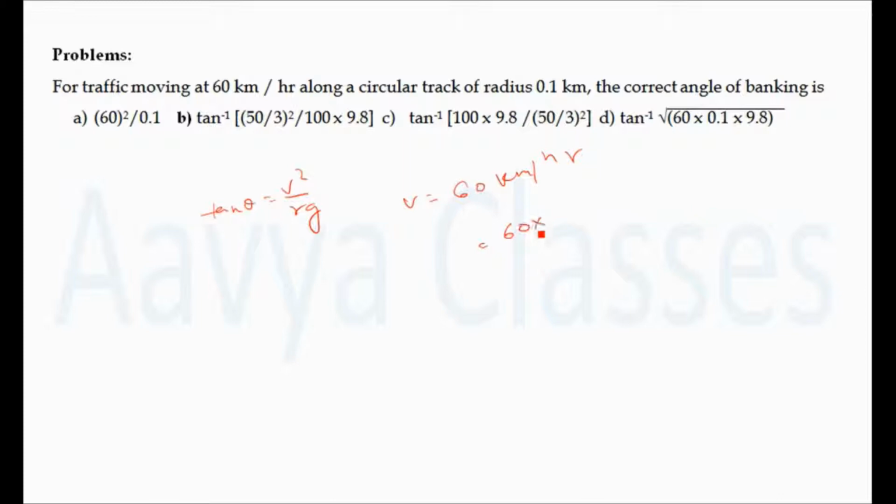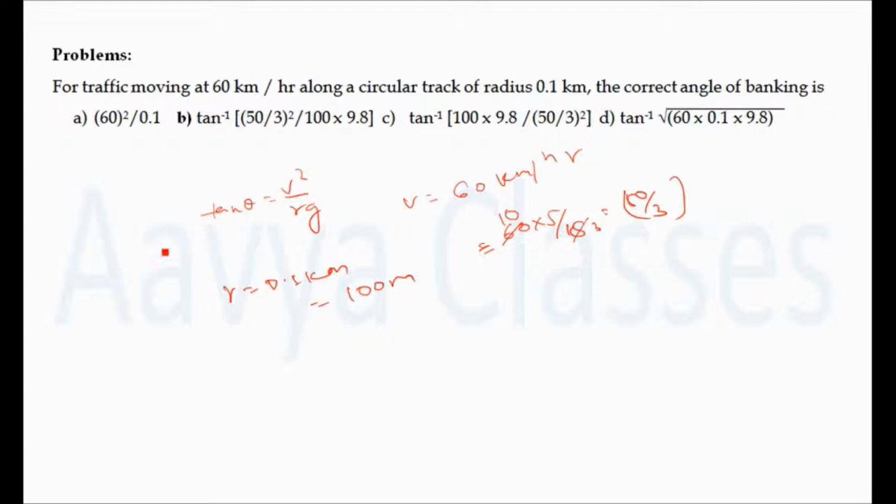So V is given as 60 km per hour, and it is 60 into 5 by 18 meter per second, which is 50 by 3 meter per second, and R is equal to 0.1 kilometer, that is equal to 100 meter.